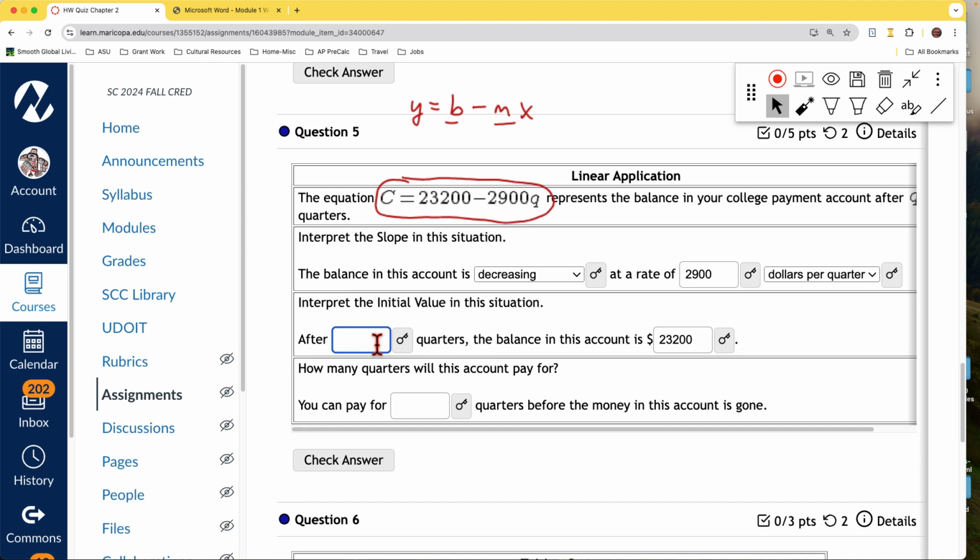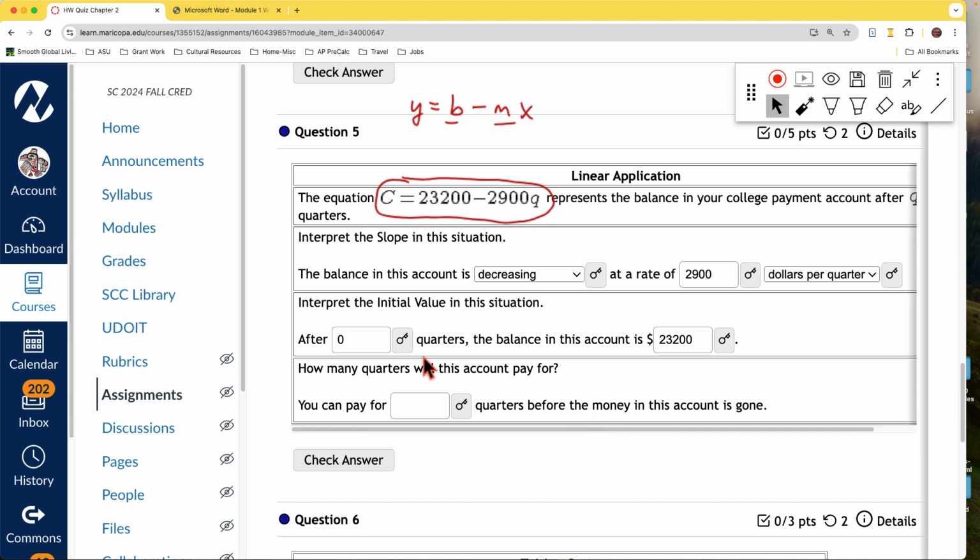And how many quarters have passed at the beginning of time? 0. Good. Remember, the initial value is always a starting point. So after 0 quarters, the balance in this account is 23,200. We haven't subtracted anything. We haven't had to pay for anything.